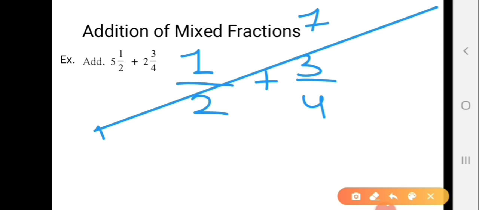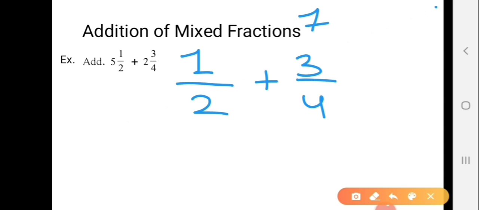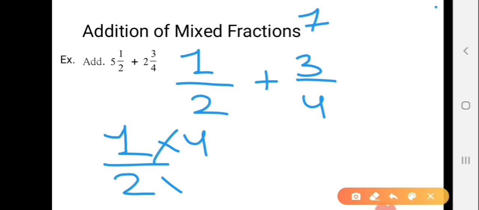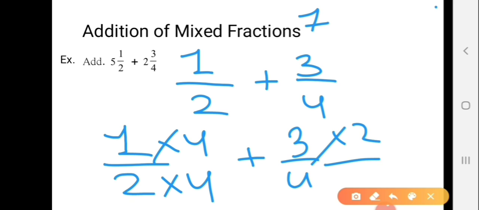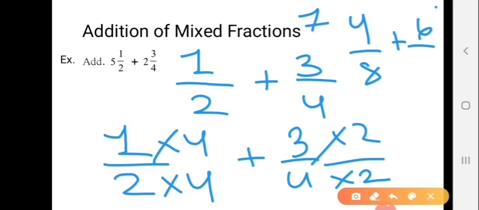So it is like 1 by 2 multiplied by 4 by 4 plus 3 by 4 multiplied by 2 by 2. So now 1 multiplied by 4, 4. 2 multiplied by 4, 8. Plus 3 multiplied by 2, 6. By 4 multiplied by 2, 8.